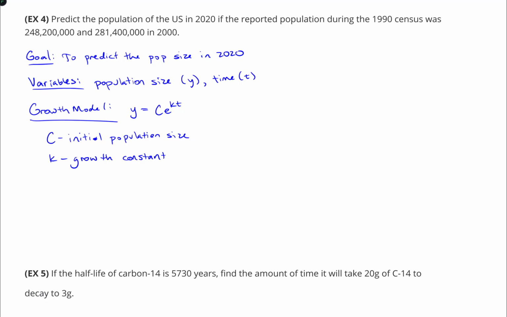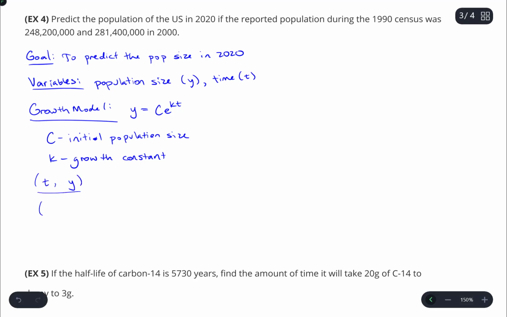Okay, now if we knew what the growth constant was, we could already make a prediction of the population size in 2020. One little trick we can do here is set up coordinate pairs using our variables t and y.